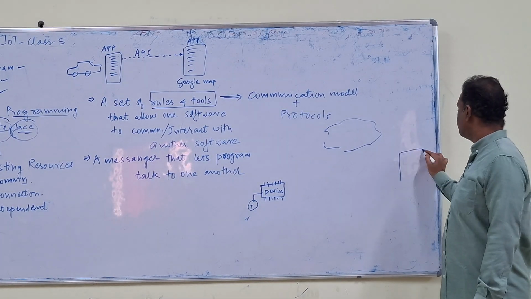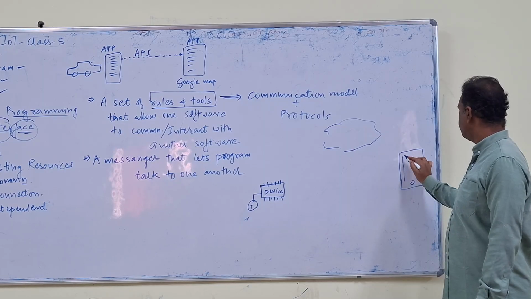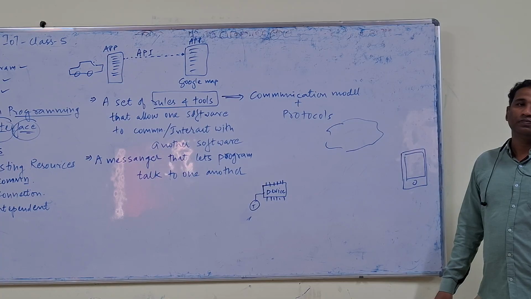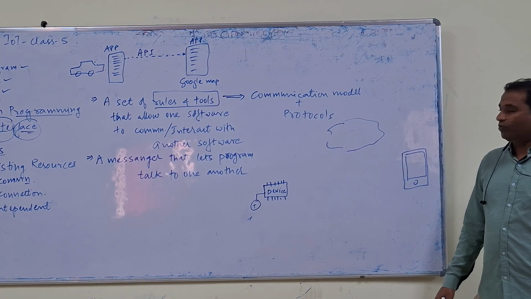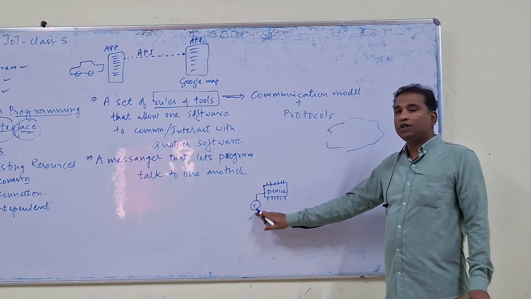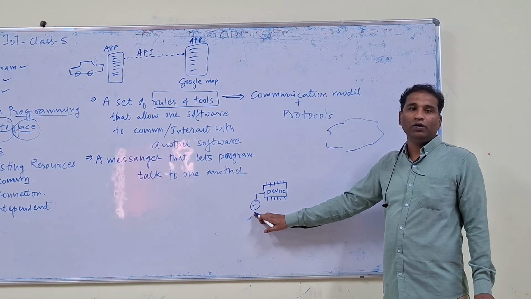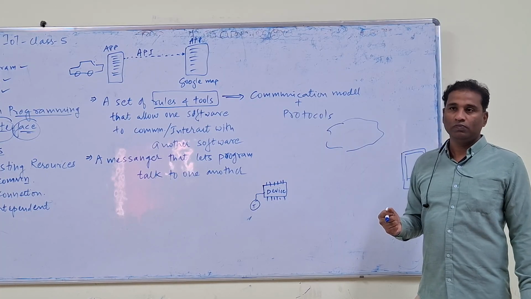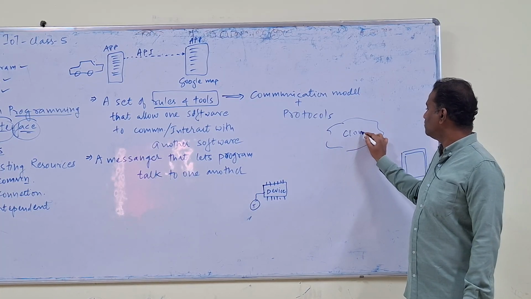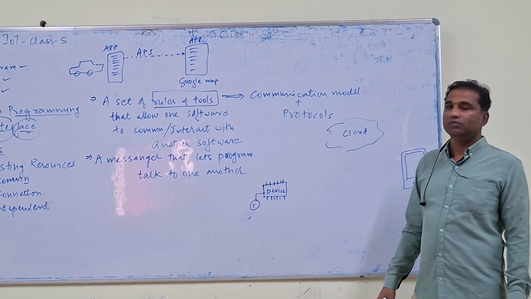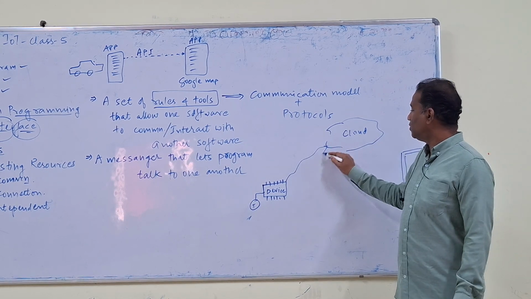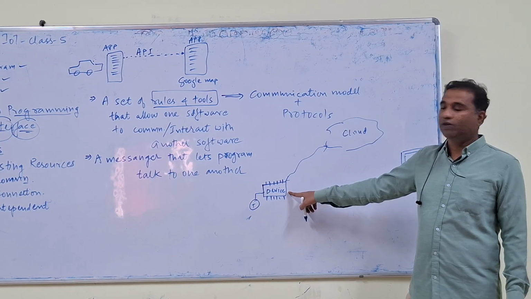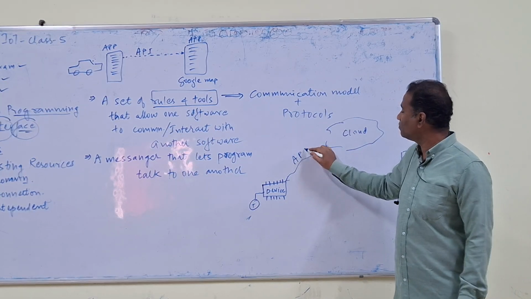I have a mobile app, which is also connected to the Internet. Now the device, whatever temperature it is collecting in real time as a temperature sensor, it is monitoring, and it has to send it to the cloud. From here to here. So to carry this temperature information from here to here, I need one API here.